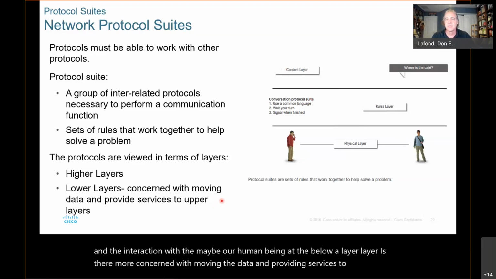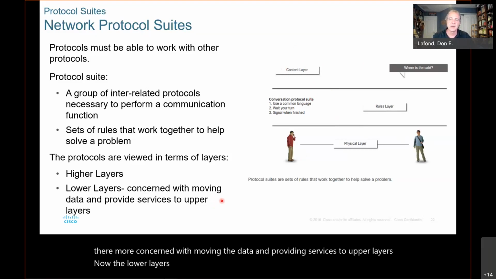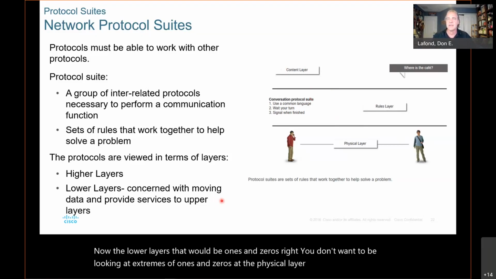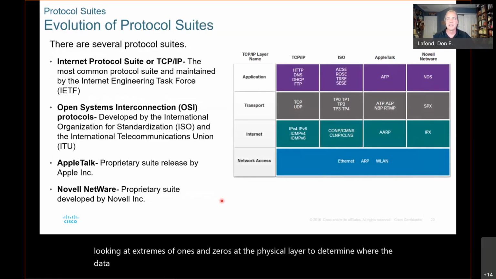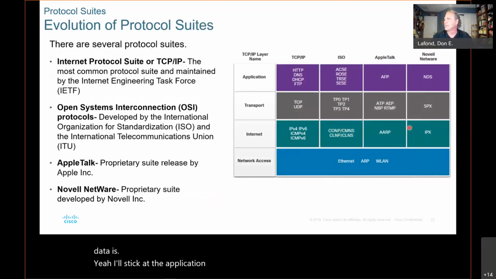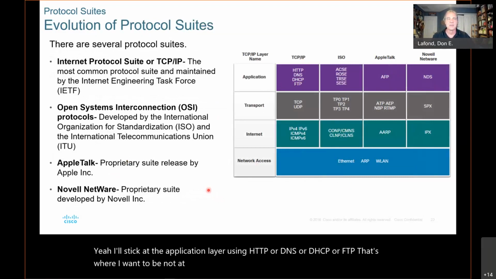Now, the lower layers, that would be ones and zeros, right? You don't want to be looking at streams of ones and zeros at the physical layer to determine where the data is. Yeah, I'll stick at the application layer using HTTP or DNS or DHCP or FTP. That's where I want to be, not at the data, the ones and zeros layer.